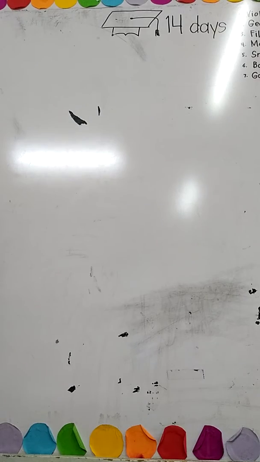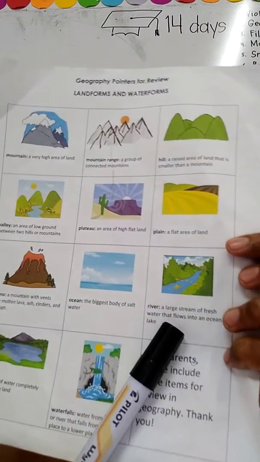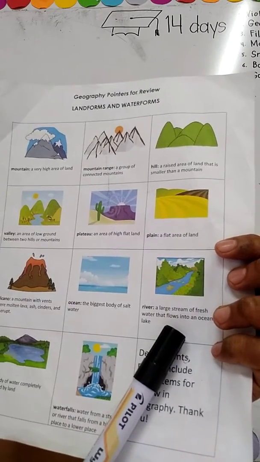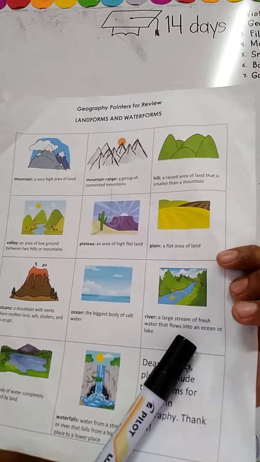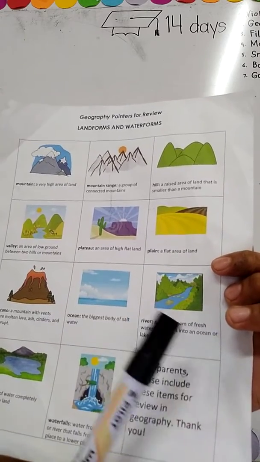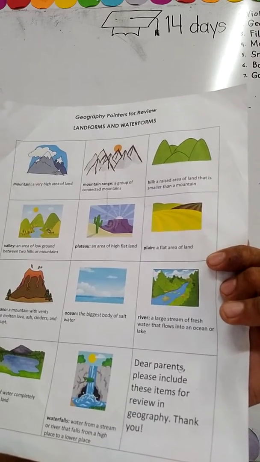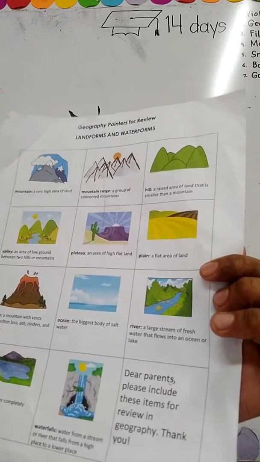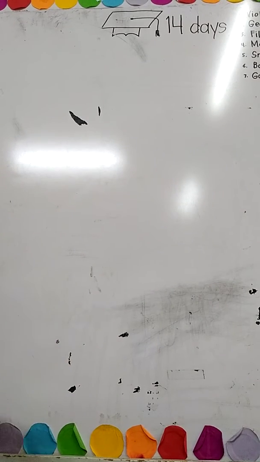After the ocean, we go to the river. So a river is a large stream of fresh water that flows into an ocean or lake. Fresh water means it is not salty. When you taste the water of a river, it does not taste salty. And the river flows. It means it can move.